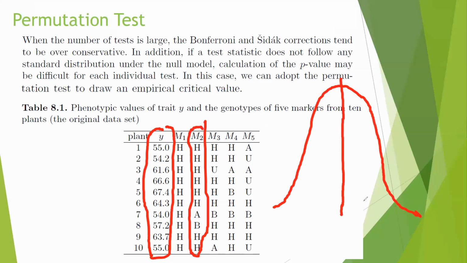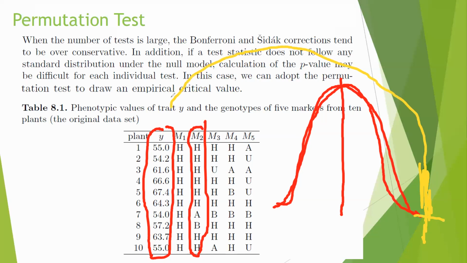Okay, all right. And once you have this null distribution, you can easily compare your initial test statistic and see where it stands within this null distribution, because this is the test statistic based on the data before the randomization, right?